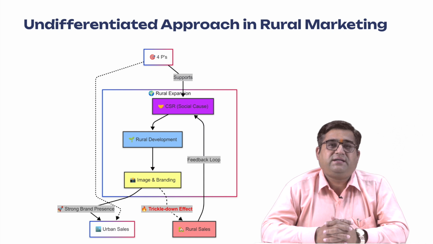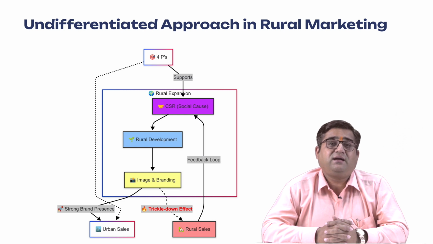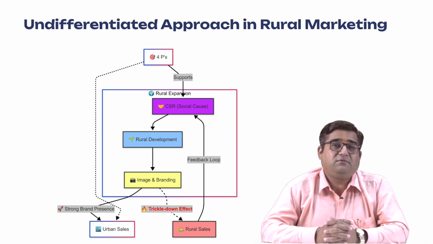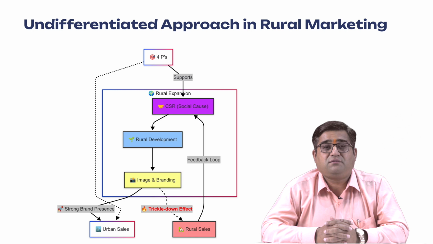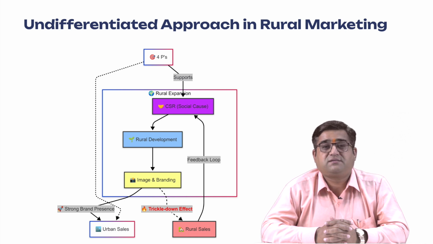The undifferentiated approach to rural marketing developed when companies realized that the earlier trickle-down approach had limitations. As opportunities in rural markets grew, particularly in the 1990s and 2000s, companies in FMCG and consumer durable sectors started acknowledging the value of rural consumers.